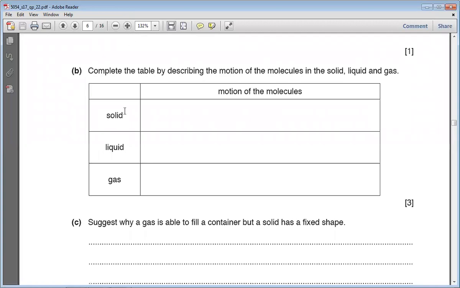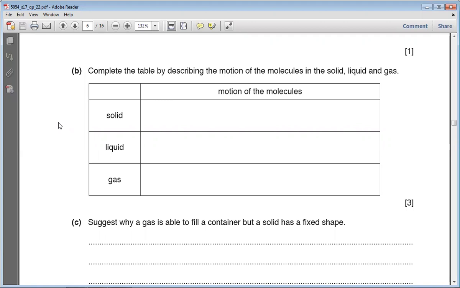The next question coming up on your screen is complete the table, B part. Complete the table by describing the motion of the molecules in the solid, liquid, and gas. So we have to describe how the motion of the molecules is in the solids, liquids, and gases. In the solids, the molecules vibrate only, they remain in their fixed positions, and they vibrate about their fixed positions.